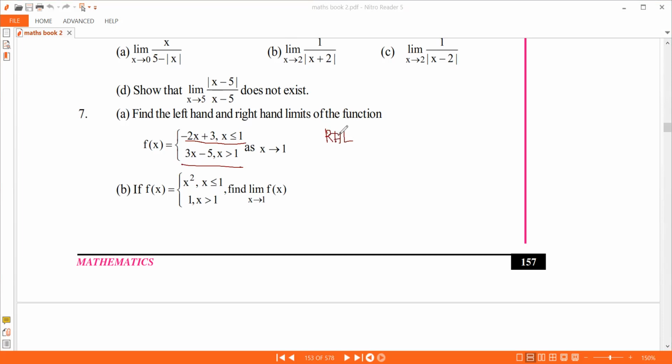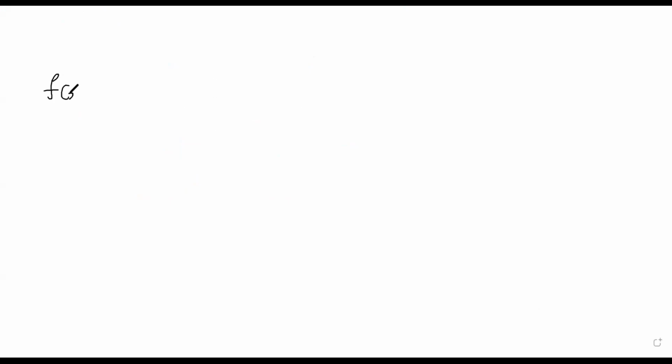Please write the problem. You have to write it like this: minus 2x plus 3 for x less than or equal to 1. So it will be read as f of x is equal to minus 2x plus 3 when x is less than or equal to 1, and f of x is equal to 3x minus 5 when x is greater than 1.